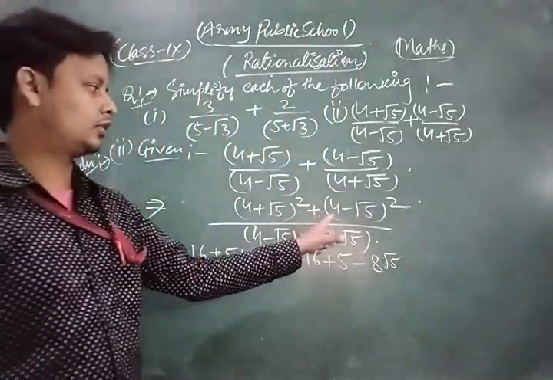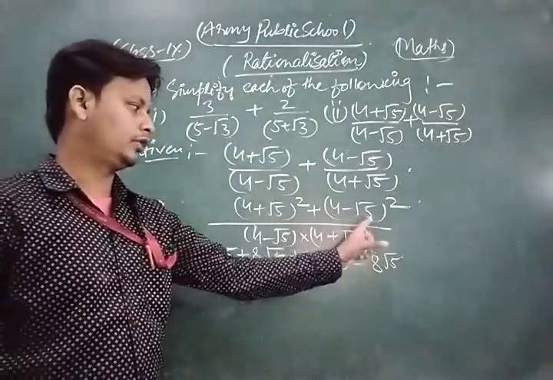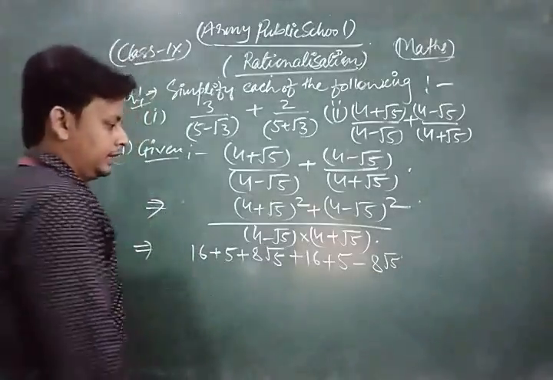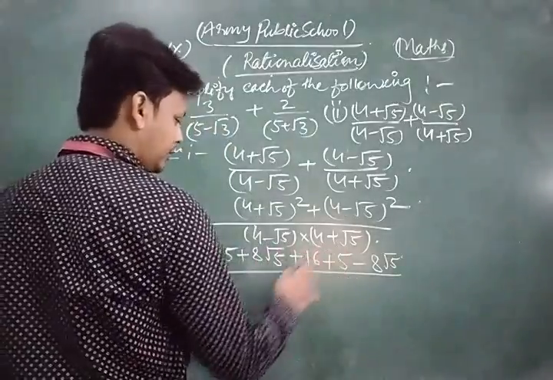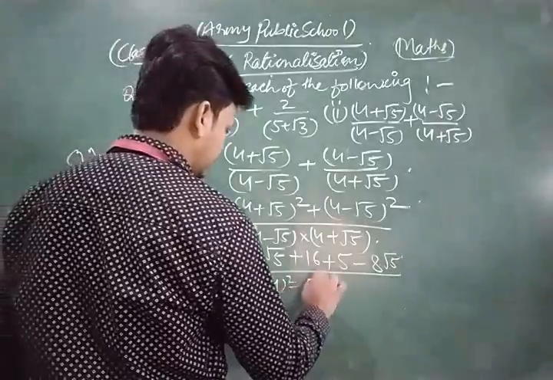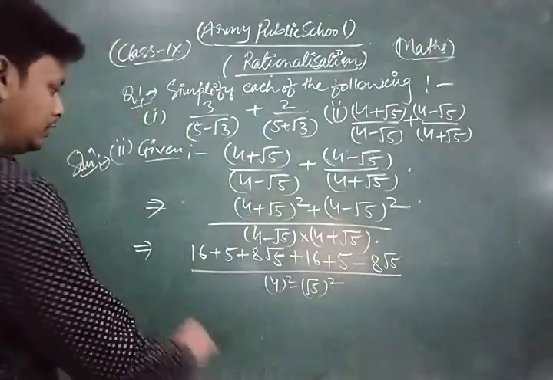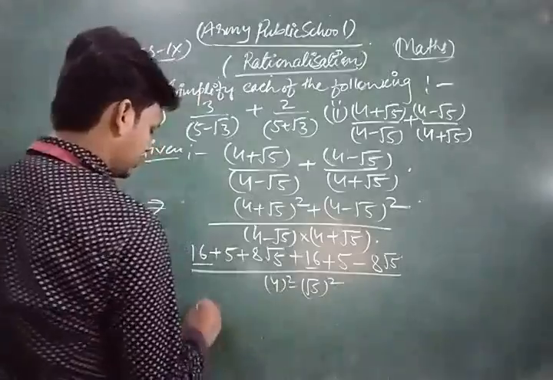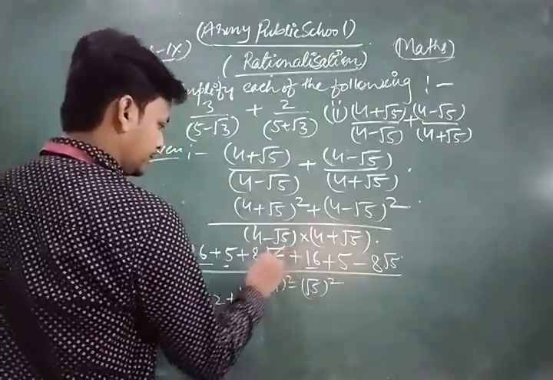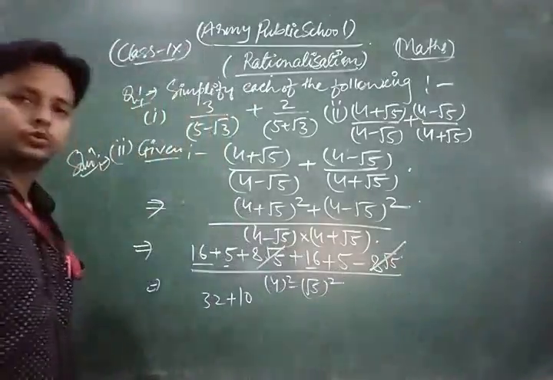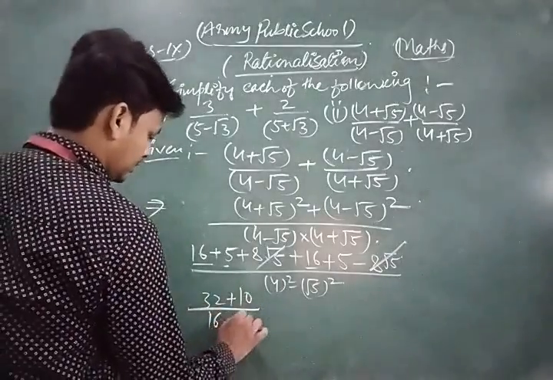Okay, and in the denominator, that is a minus b in one bracket, a plus b in another bracket, so we can write a square minus b square. Look, this is 32 plus this is 10 here, 8 root 5 cancel to each other, upon a square, this is 16, this is 5.